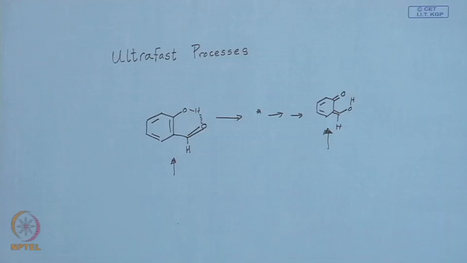We can follow the rate of transfer of the proton from one atom to another, and the factors by which this proton transfer can be modulated, by changing the solvent, or introducing something else, or putting this system in a micellar environment, or in a cyclodextrin cavity, or somewhere else. How the environment affects this proton transfer process, whether it becomes still faster or slower, we can look into that.